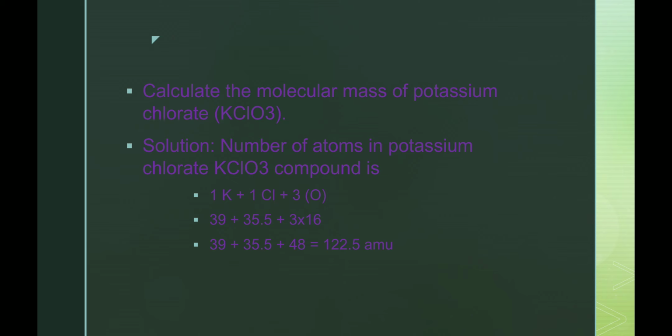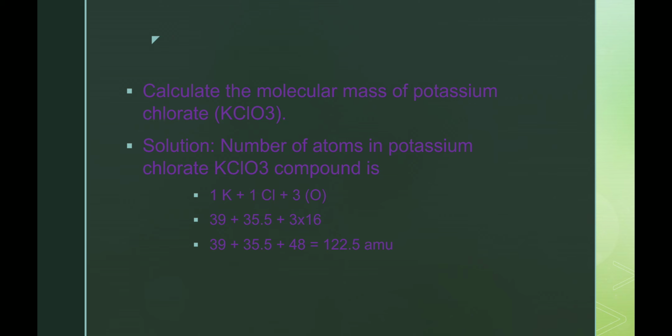Let me cite another example: how to calculate the molecular mass of potassium chlorate. Here potassium chlorate formula is KClO3. So how to solve the molecular mass of the compound KClO3? In potassium chlorate, the number of atoms we can understand is 1 K plus 1 Cl plus 3 atoms of oxygen.